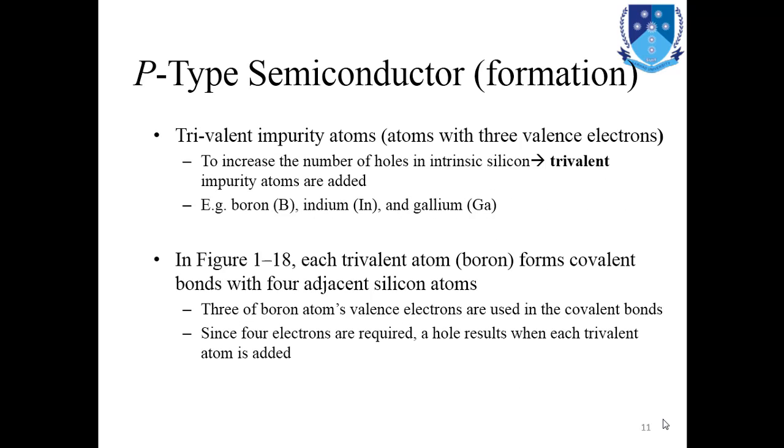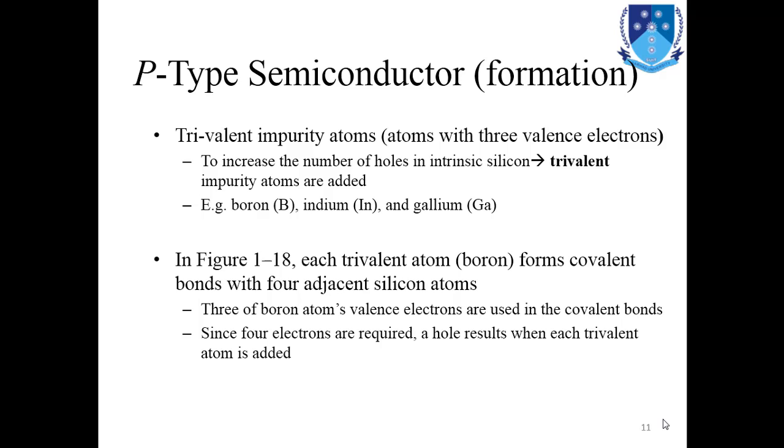Now we will learn the p-type semiconductor formation, or how we can form p-type semiconductor material. Here trivalent impurity atoms, those atoms which have 3 valence electrons, will be added as an impurity in intrinsic or pure semiconductor material.